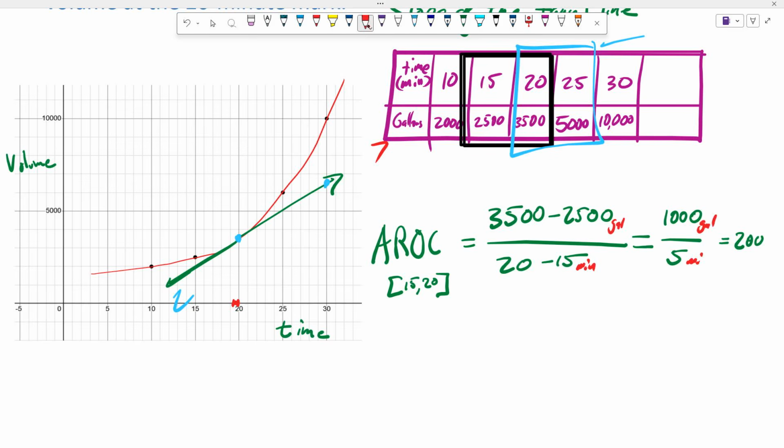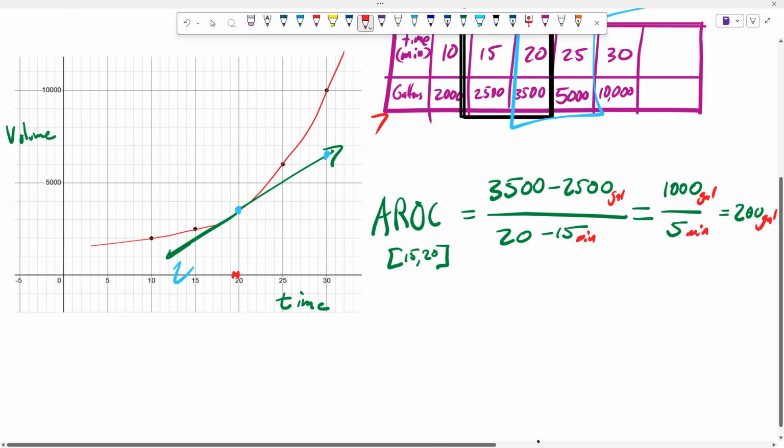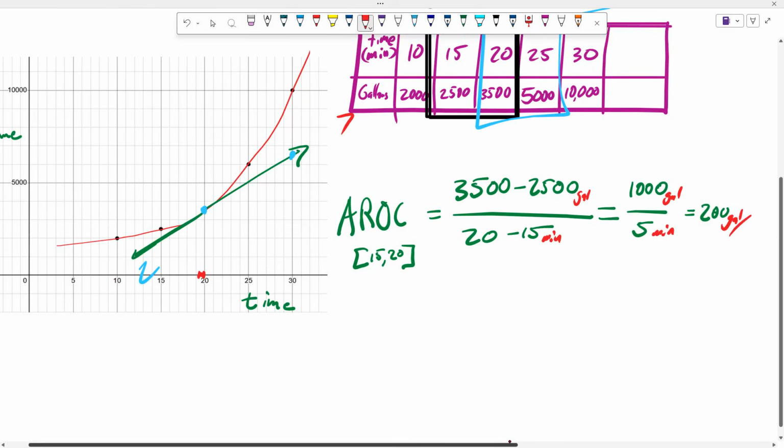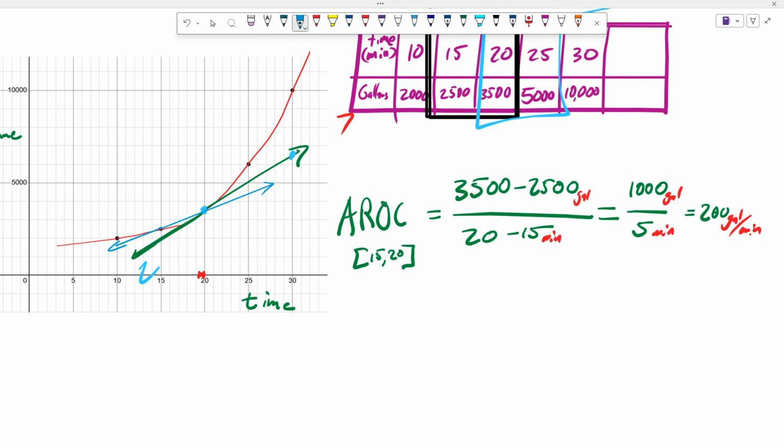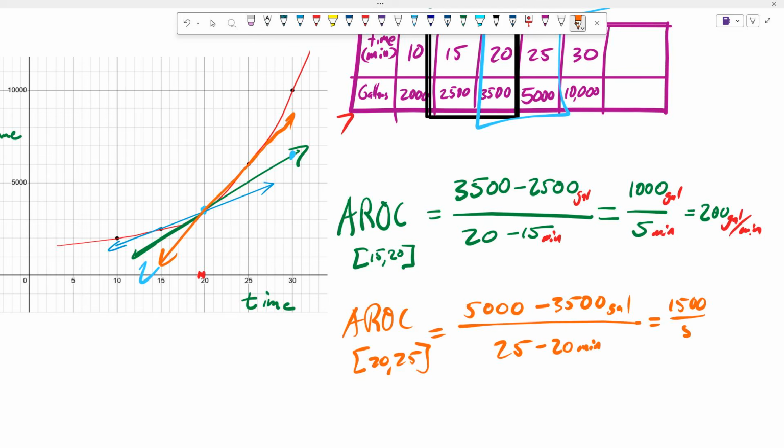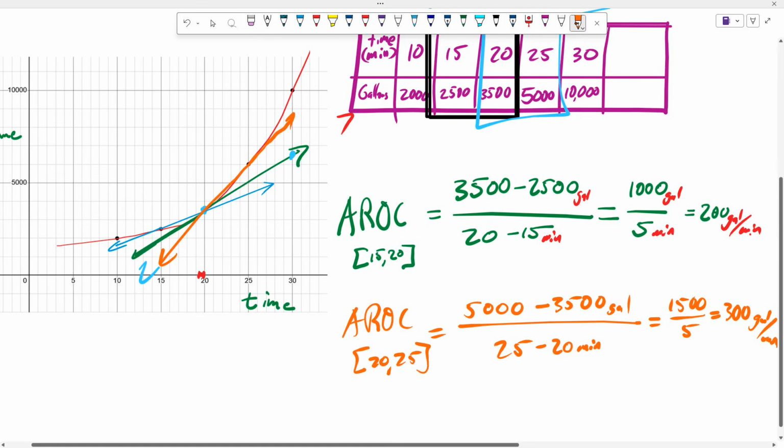So it's gallons per minute. So we know the slope of this line is 200 gallons a minute. Is that 300? Okay, so the slope of that orange line would be 300 gallons per minute.